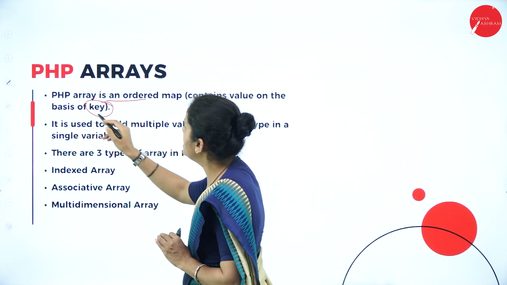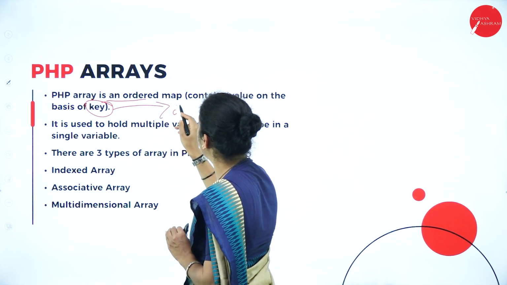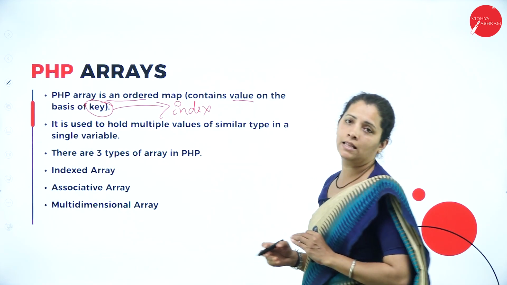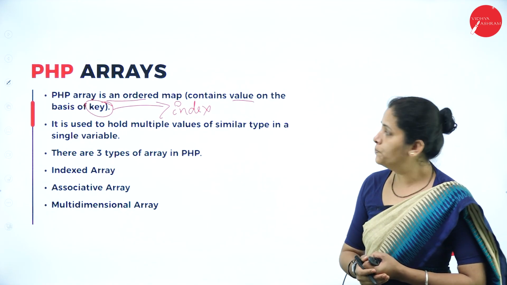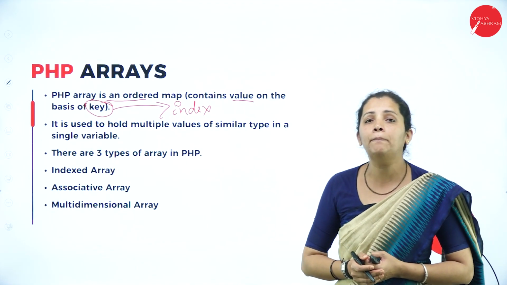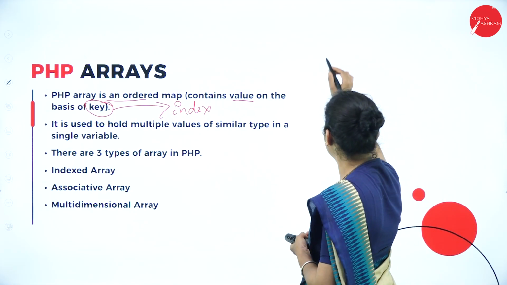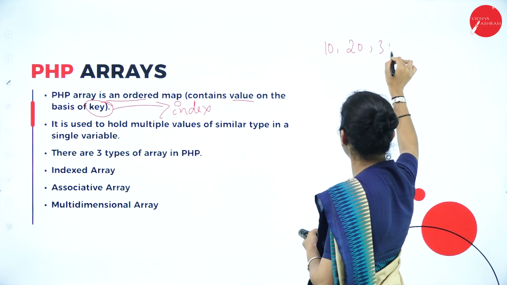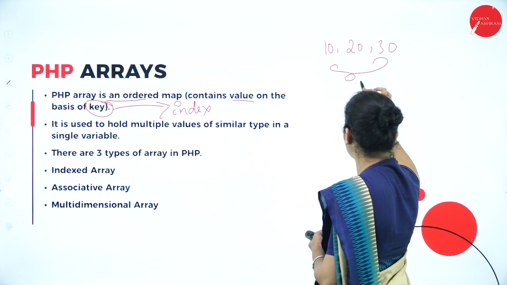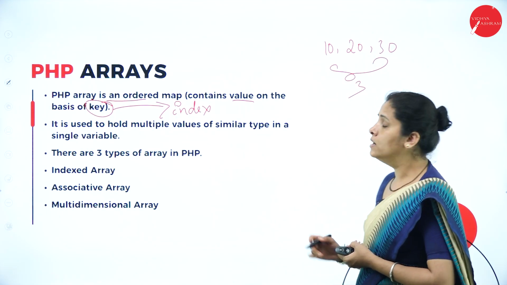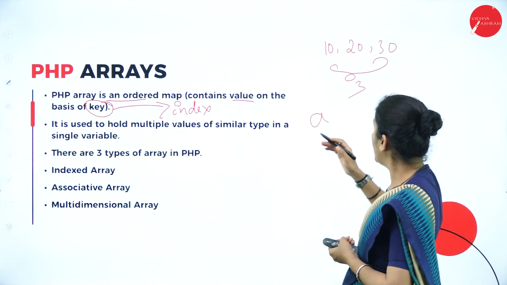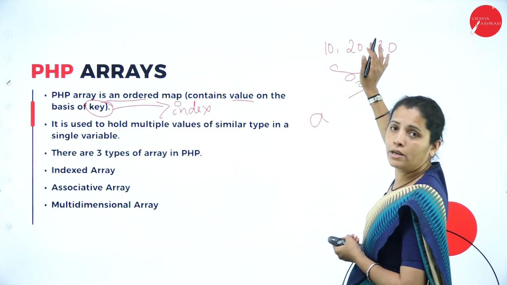So what is key? Here key represents the index. Value is nothing but the value. It is used to hold multiple values. For example, think that I have 10, I have 20, I have 30. So how many values do I have? Total 3. Now what am I doing here? In one single variable, say it is A, I'm holding all 3 values.